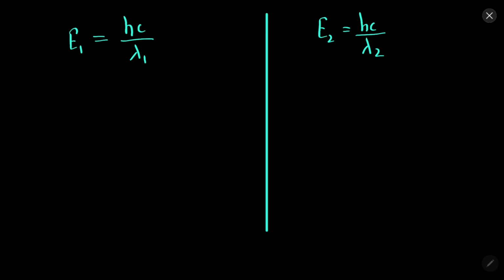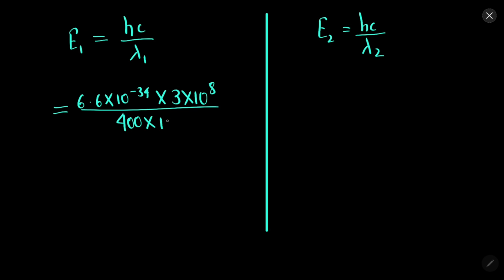When we put the values, 6.6 into 10 to the power minus 34 into 3 into 10 to the power 8 meters per second over 400 nanometer, that is 400 into 10 to the power minus 9.